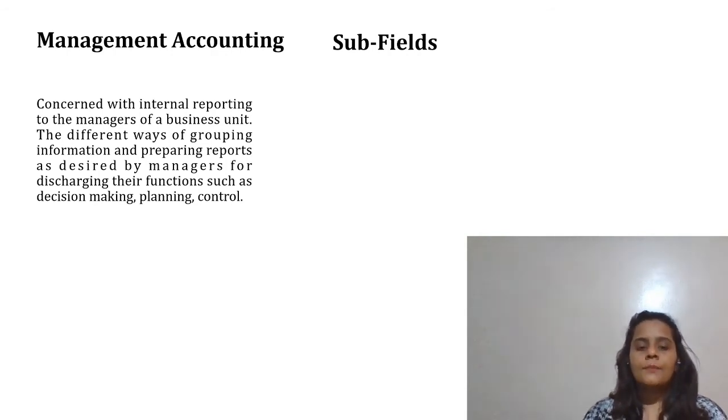But the management will have to make a decision based on these figures. So, management accounting is that section of accounting which is concerned with internal reporting to the managers of a business unit. Basis those figures that we have obtained in financial accounting and cost accounting, a lot of analysis is done, such as ratio analysis.